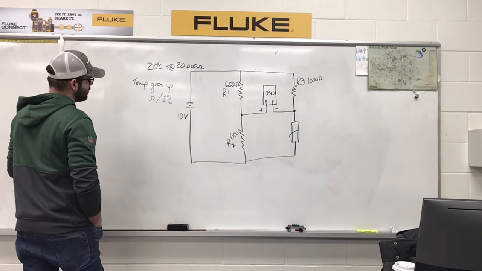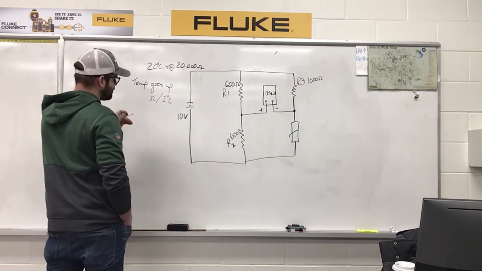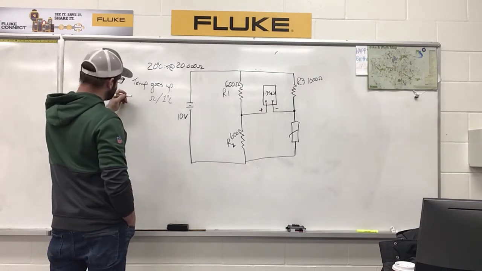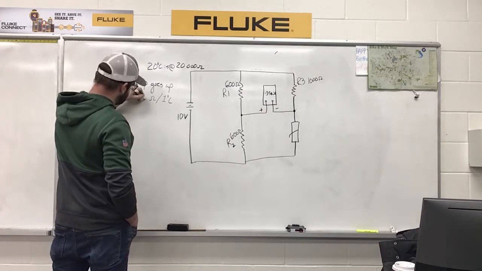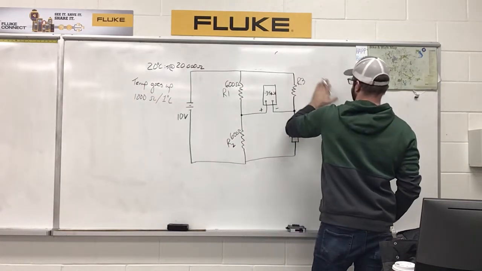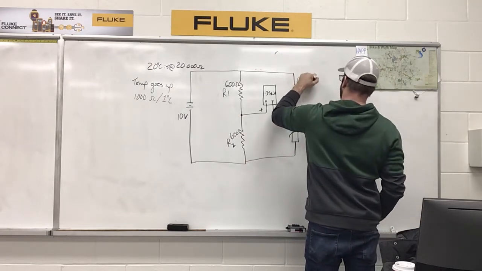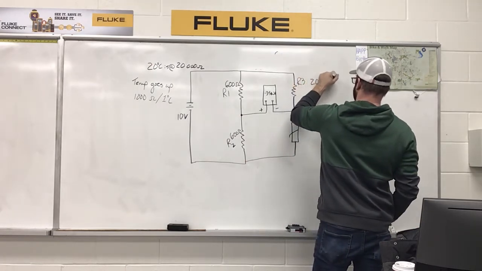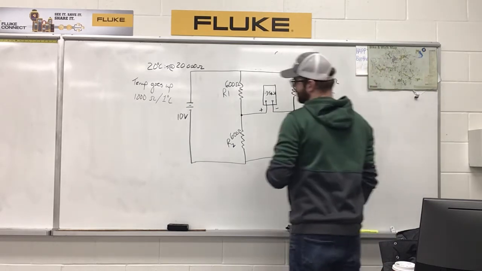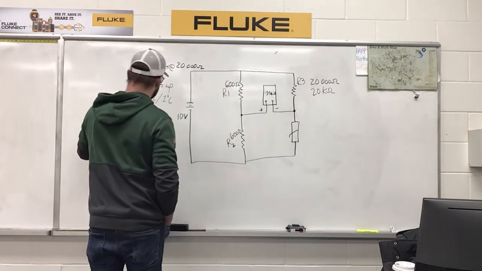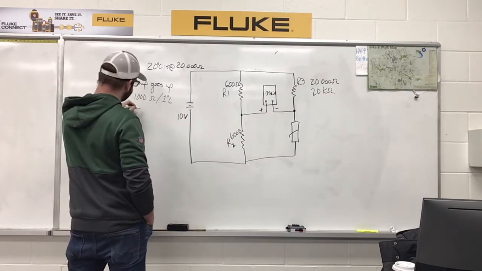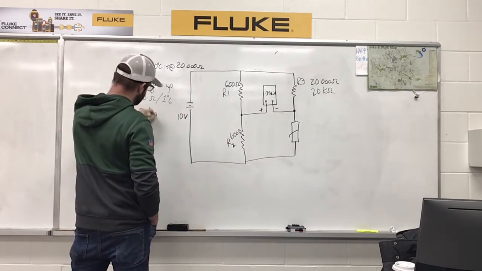I'm just going to do a constant change on this value. For every degree, it's going to change 1,000 ohms. So we're going to make our R3 20,000 ohms, or 20 k ohm. And we're going to say that the temperature goes up 2 degrees.